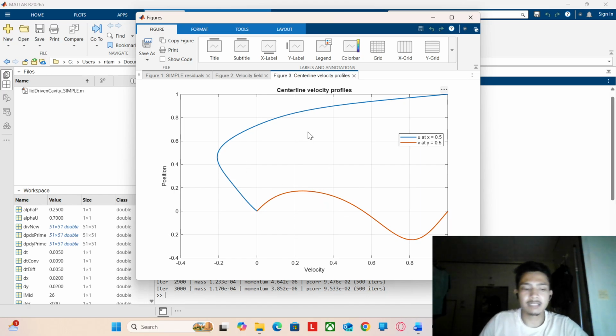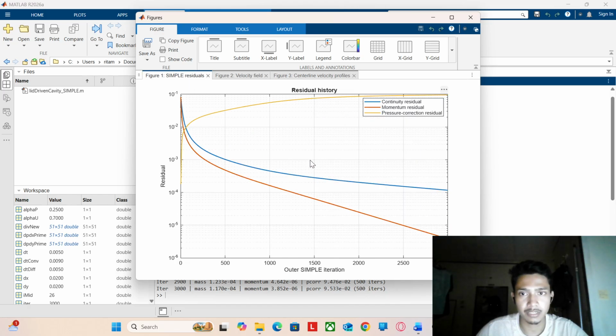This solver has some limitations. The pressure correction equation converges slowly, as you all can see. The co-located grid may also produce pressure oscillations. A finer mesh and improved pressure solver could increase accuracy.